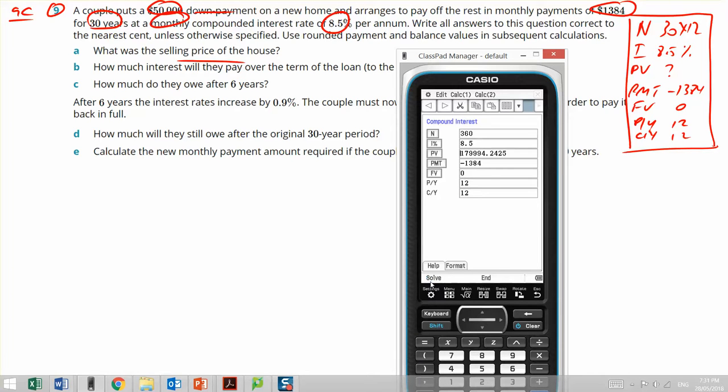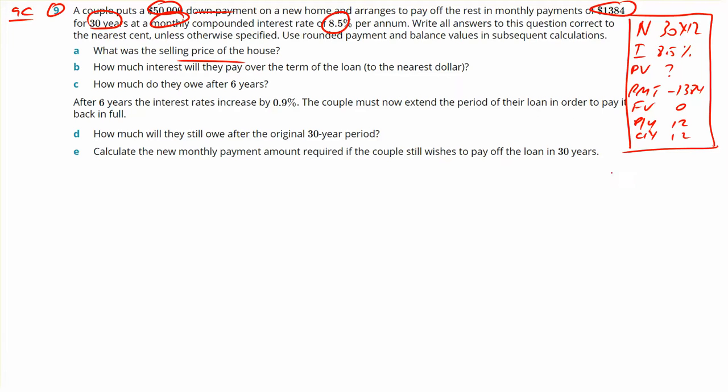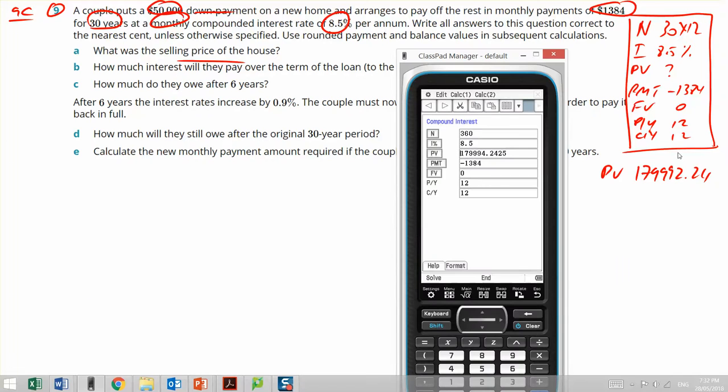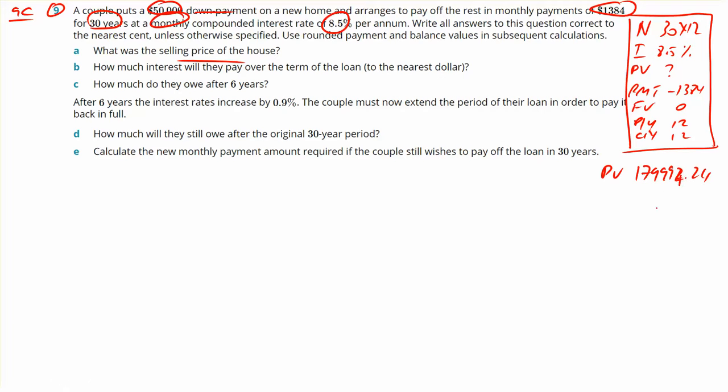So the principal value is 179994.24. I'll double check that value is correct. Okay, that's meant to be a 4.